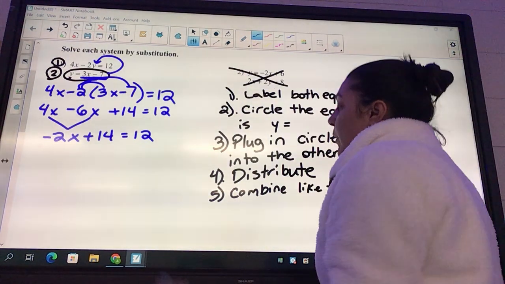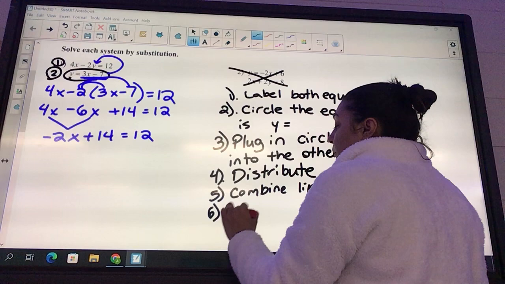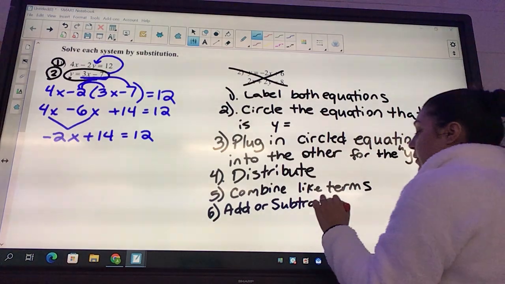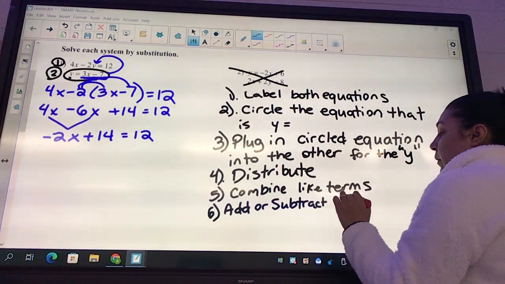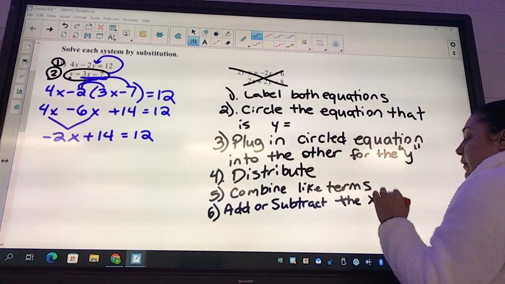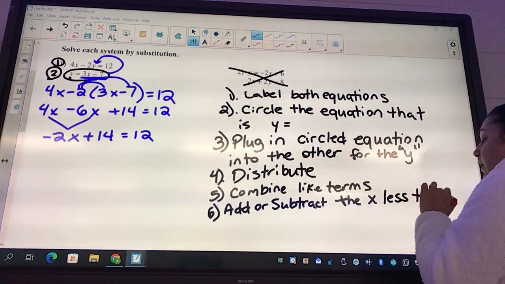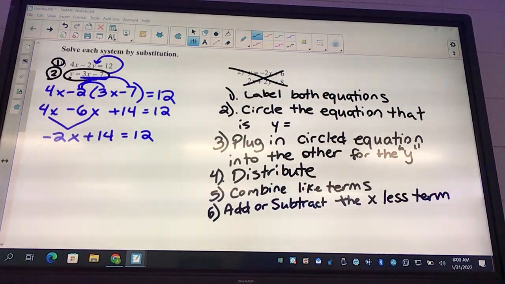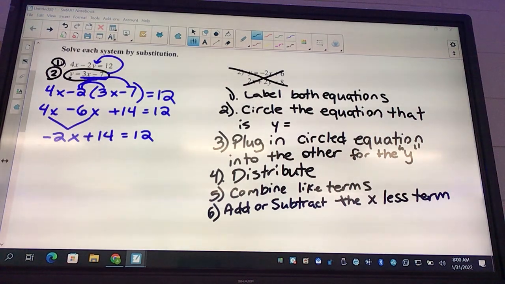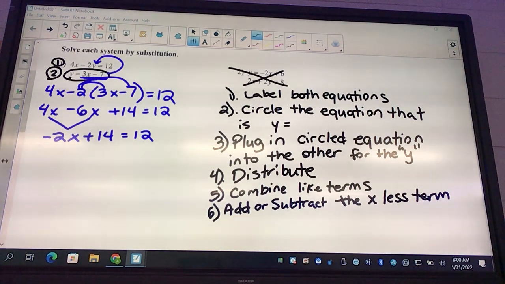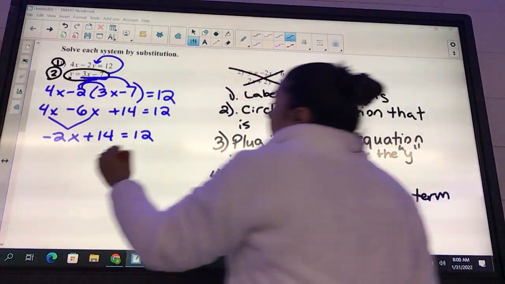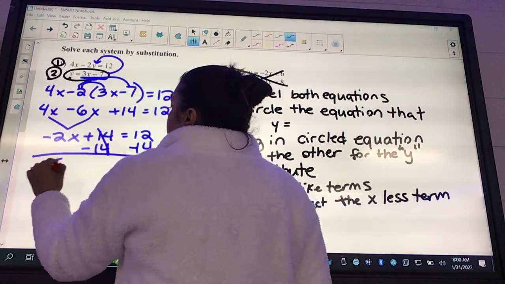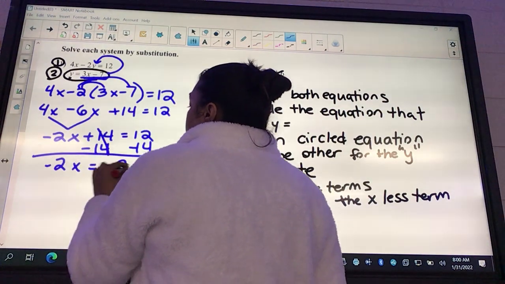Then you're going to add or subtract the x-less term. In this case, which term does not have the x? 14, so are we going to add or subtract it? We're going to subtract it, so you're going to say minus 14 on both sides. You're going to get negative 2x equals negative 2.